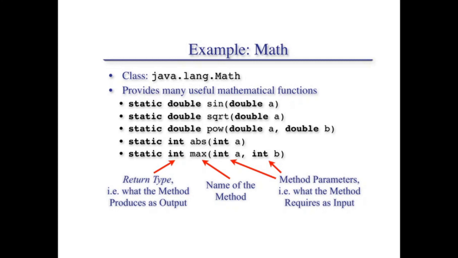We have already used sin, pow, abs, and as you can see, the prototype or the signature of the methods are shown over here. For example, Math is the name of the class, max is the name of the method, int is the return type. A function has its name, its return type, its arguments.